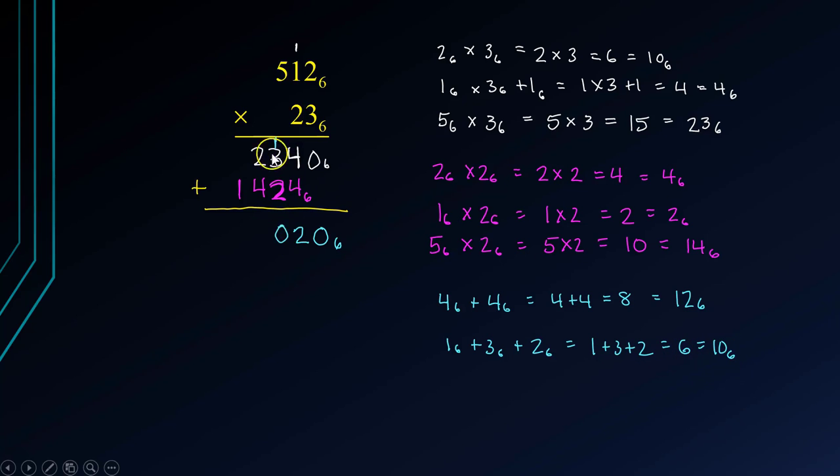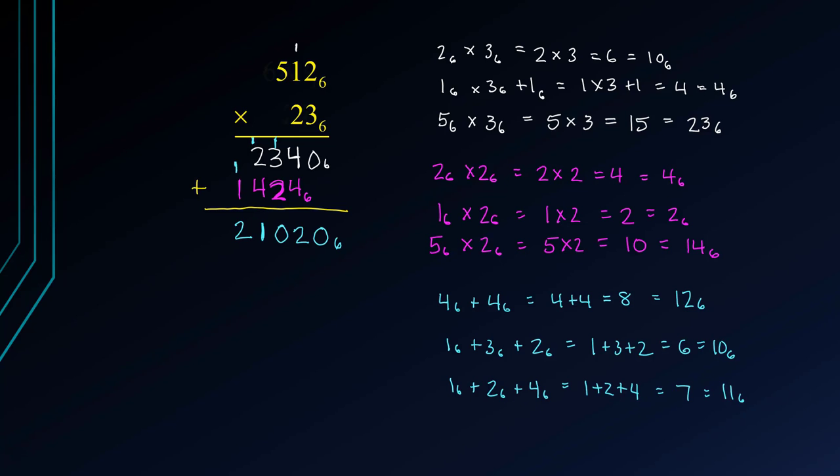I'm going to write the 0, carry the 1. 1 plus 2 plus 4 in base 6 is going to give me a 7, which corresponds to 11 in base 6. I'm going to write the 1 and carry the 1. 1 and 1 in the base 6 system is the same thing as 1 and 1 in the base 10 system. It's just 2. So the final answer is 21020 base 6.